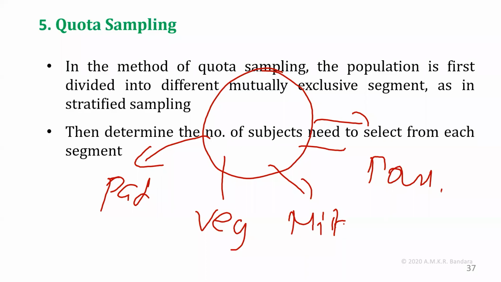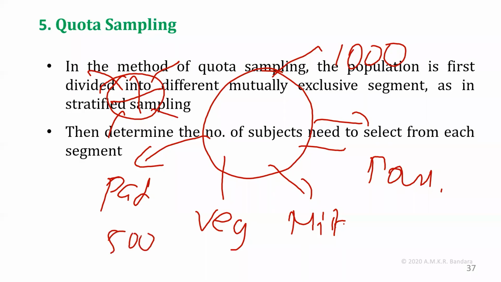Then what you can do is divide the sample size also in proportion to the population. Assume there are 1,000 farmers in the population: 500 paddy farmers, 200 vegetable farmers, 200 milk farmers and 100 poultry farmers.